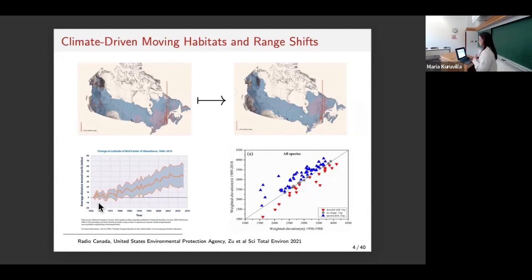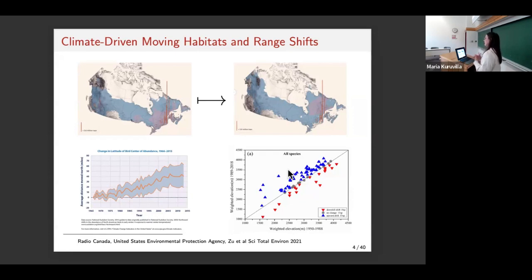So you can see this is moving northward or poleward. And here, this is showing where the center of abundance is for a bunch of different flora on mountains, and you can see most of them are moving upwards in altitude.